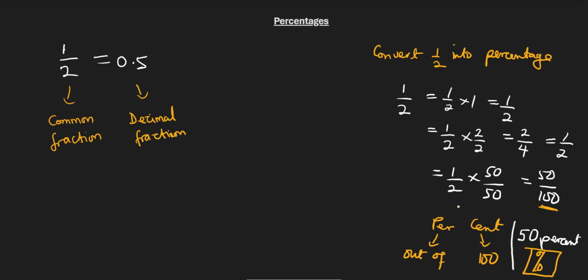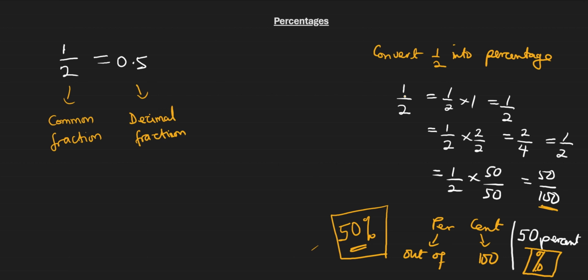So instead of me writing 50 percent or 50 out of 100, I can simply write 50 with a percentage sign. So this is 50%.